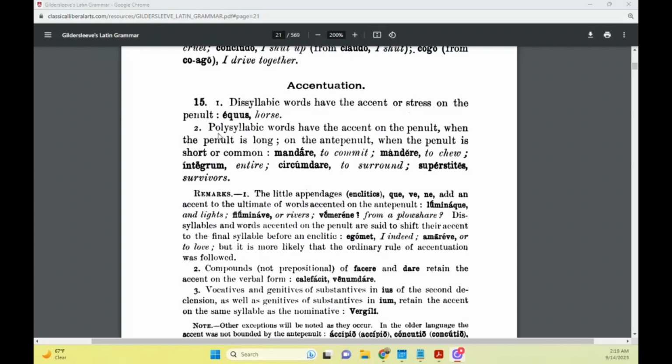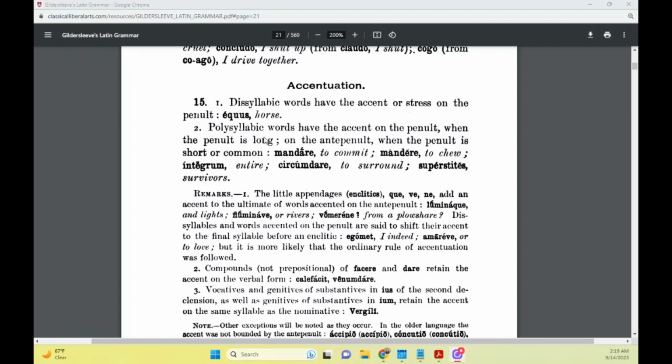So in a word that has more than two syllables, we have to look at the penult, or the next to last syllable, and see whether it's long or short. If the next to last syllable is long, then it's accented. If it's short, then the antepenult will be accented.